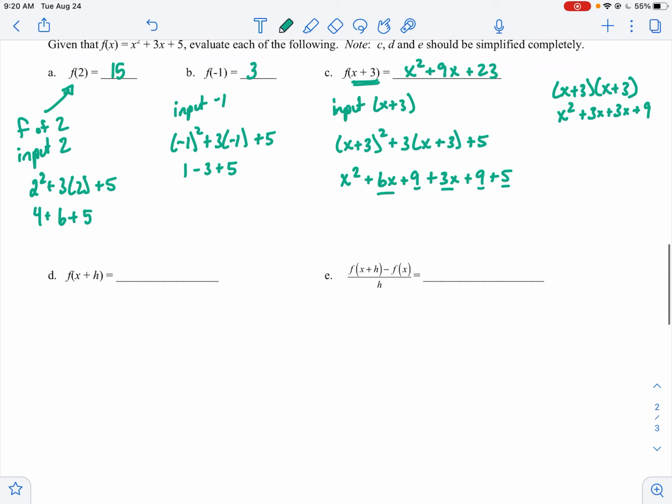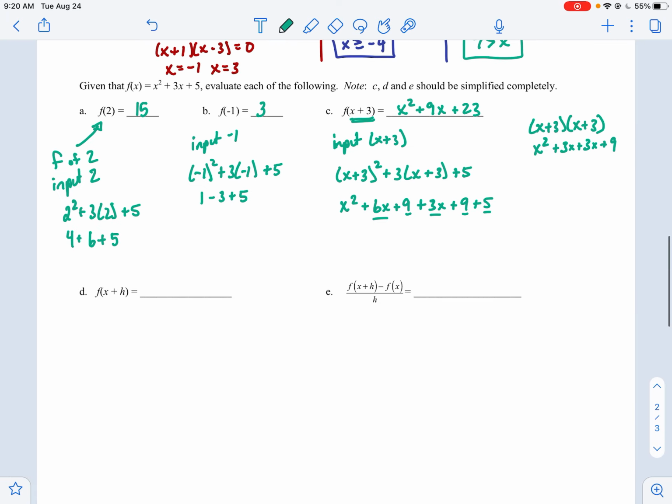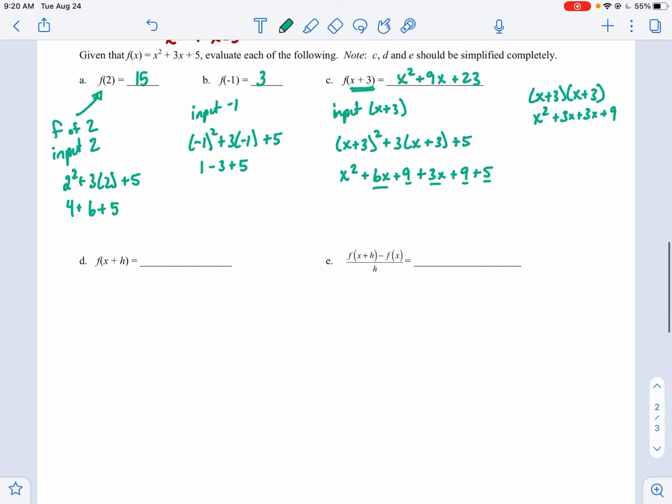That's all that means. Okay, and so a lot of this is just notational stuff. It's just making sure you understand the manipulation of these things, right? So f of x plus h, this just means I'm going to replace x with x plus h, right? So this is just like before, but instead of a 3, now I'm just going to leave it as another variable: x plus h squared plus 3 times x plus h plus 5.